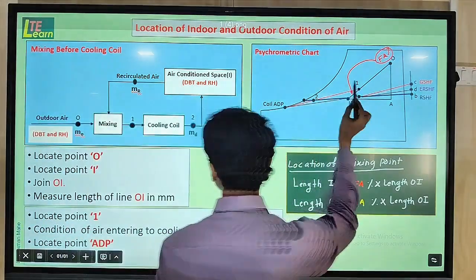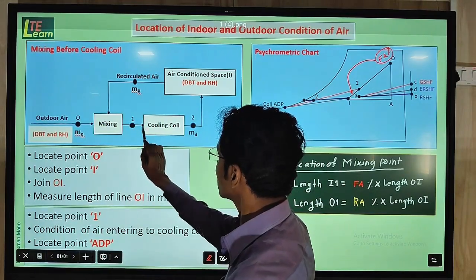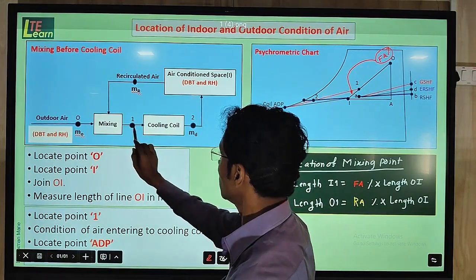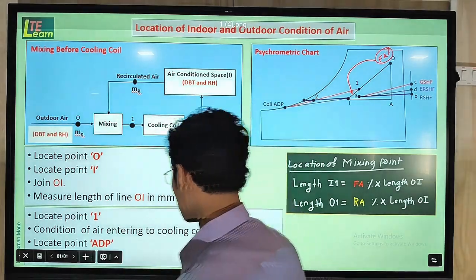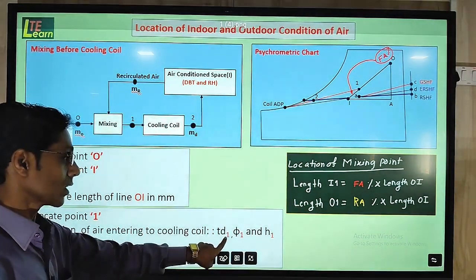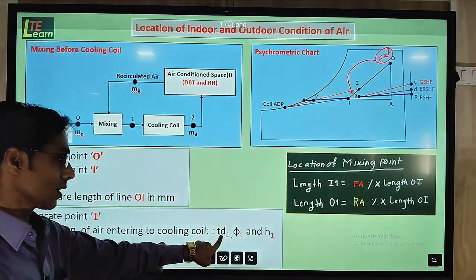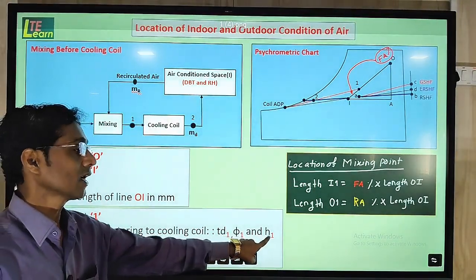Now this point 1 is the condition of air passing to the coil. It is the condition of air entering the cooling coil. So from the psychrometric chart, that condition we can get as a dry bulb temperature, its relative humidity and enthalpy.